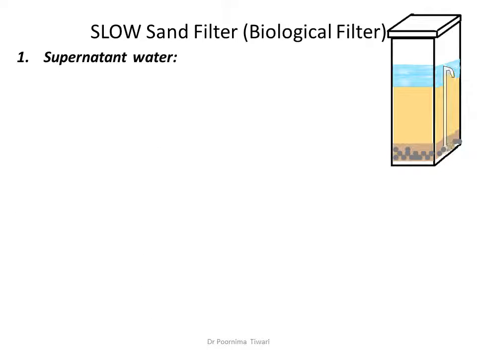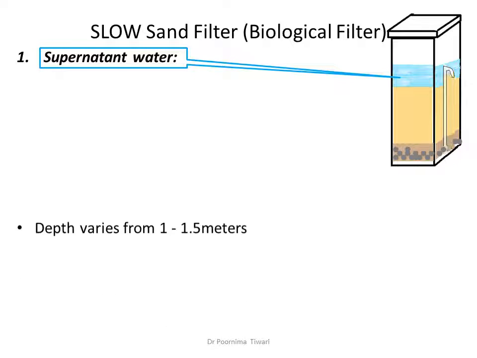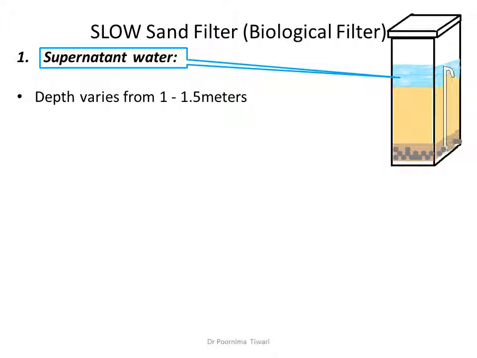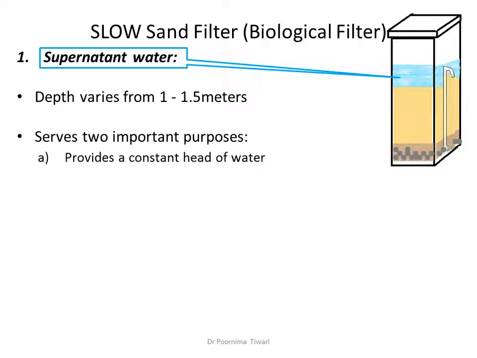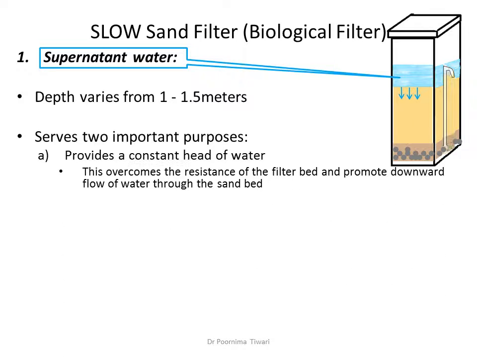The topmost part of a slow sand filter consists of supernatant water, the depth of which varies, is kept between 1 to 1.5 meters, and this supernatant water serves two important purposes: provides a constant head of water, which overcomes the resistance of the filter bed and promotes downward movement of water through the sand bed.